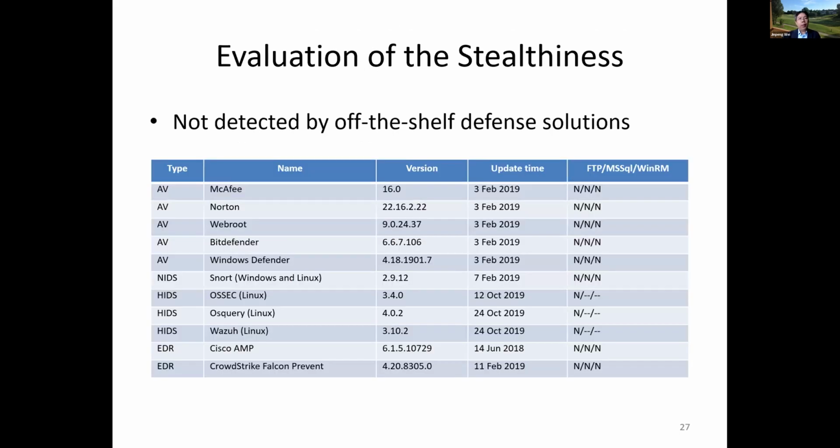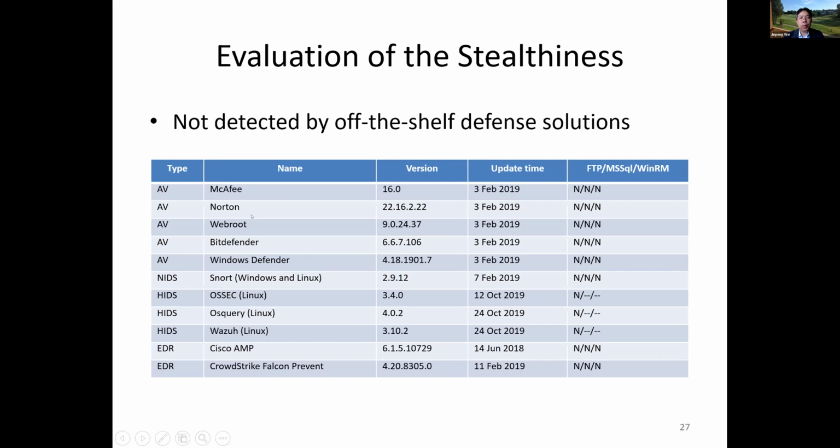So that's the second fundamental reason that enables the ShadowMove attacks. Okay, so then we look at the stealthiness of our proofs of concept. We have three proofs of concept, based on FTP, MS SQL, and WinRM. And then we run them while we deploy 5 antivirus, 1 network IDS, 3 host-based IDS, and 2 EDR, enterprise detection and response systems.